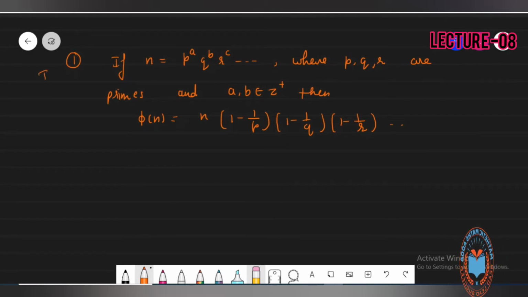This is a very important formula to calculate Euler's phi function for higher numbers.